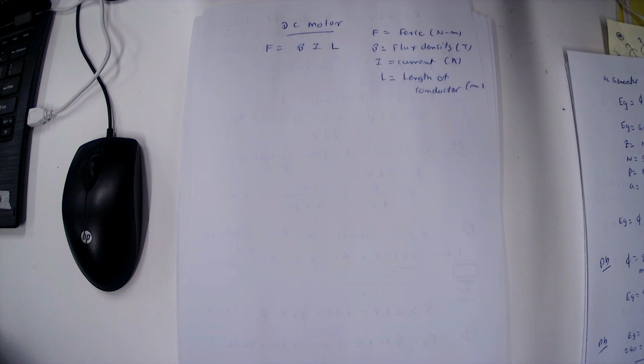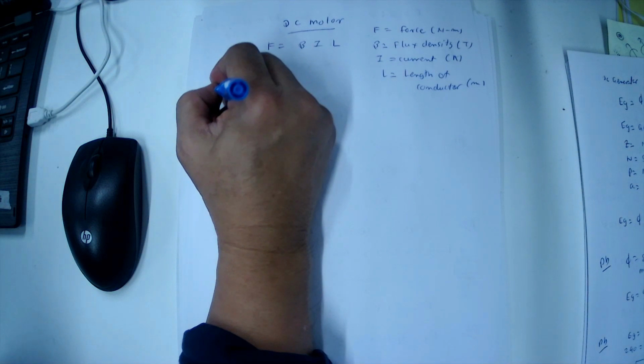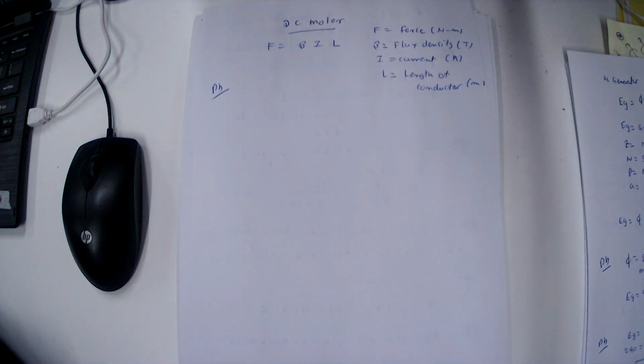So based on this, let's look at one problem. Given a 150 millimeter long conductor carrying 40 ampere at a right angle to a magnetic field with flux density 0.5 Tesla, we need to calculate the force acting on the conductor.